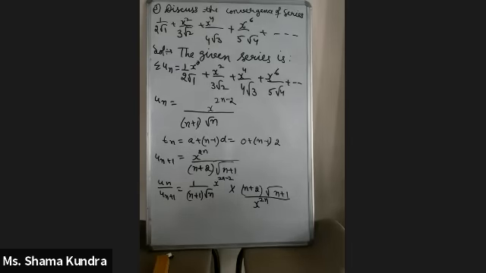Now cancel terms as much as possible and take higher powers of n common to make n in fractions. What will we get?